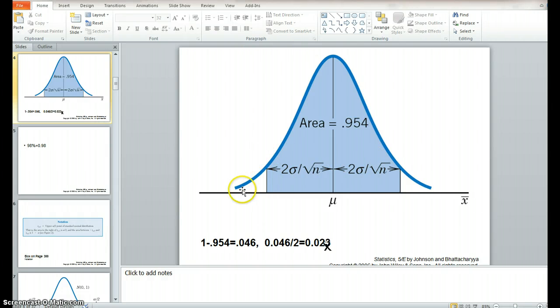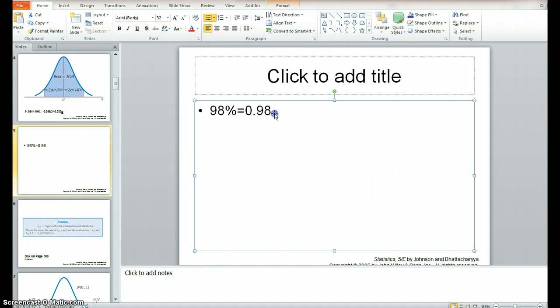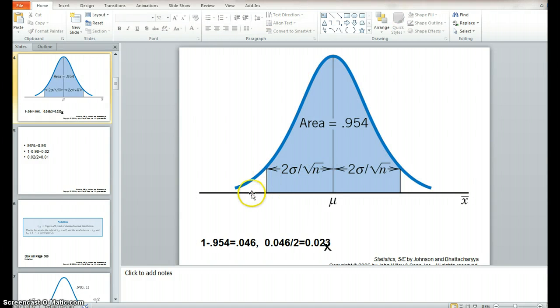So I want to find out these two white areas. I do 1 minus 0.98, which is equal to 0.02. Then I take 0.02 divided by 2, which is 0.01. So that is the area, this little piece here.